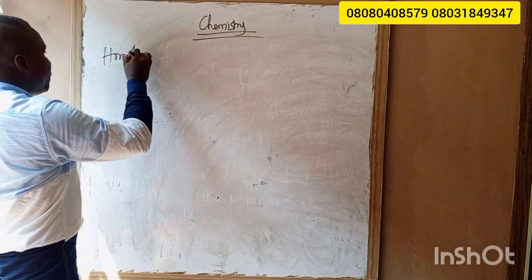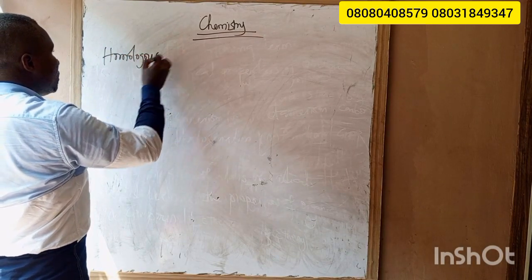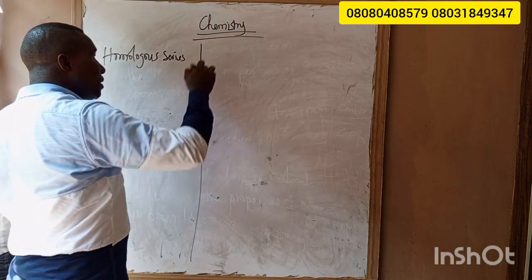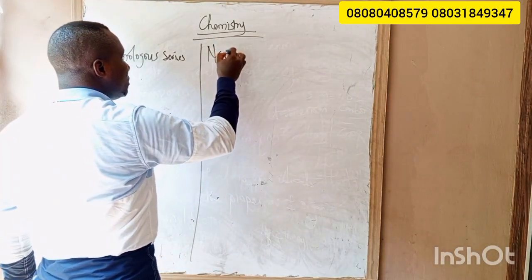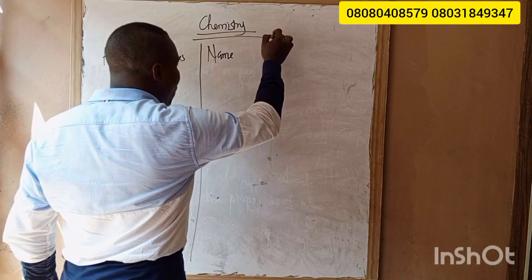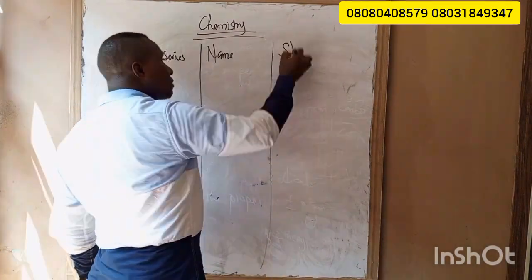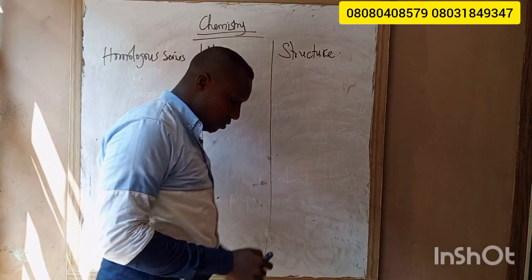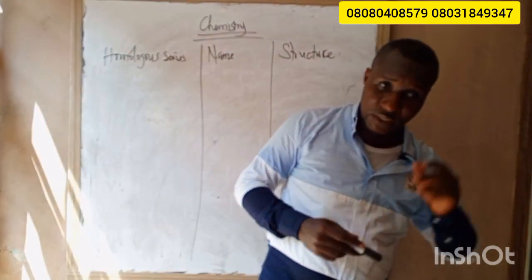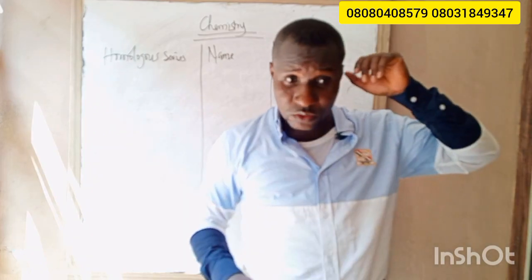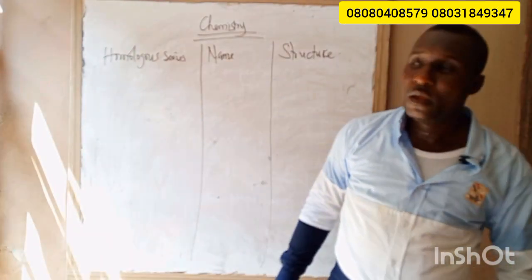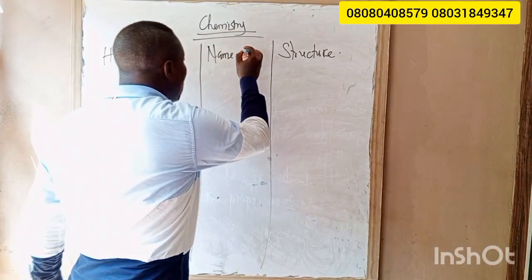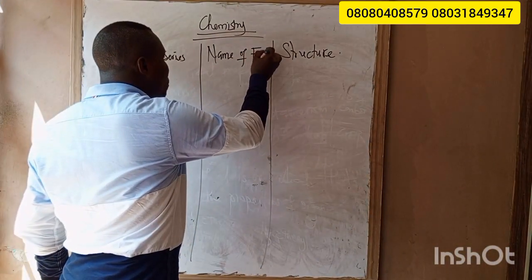Homologous series. We have the name of the homologous series, the name of the functional group, and then the structure of the functional group.